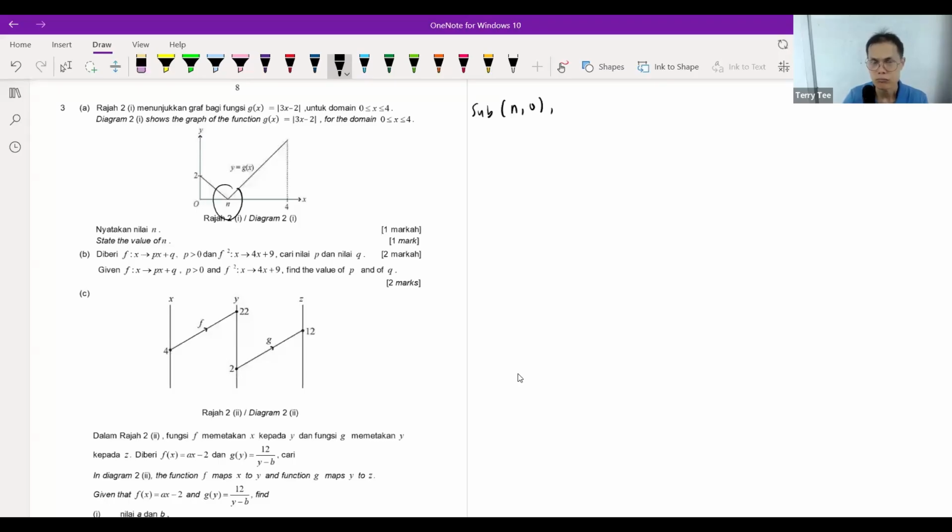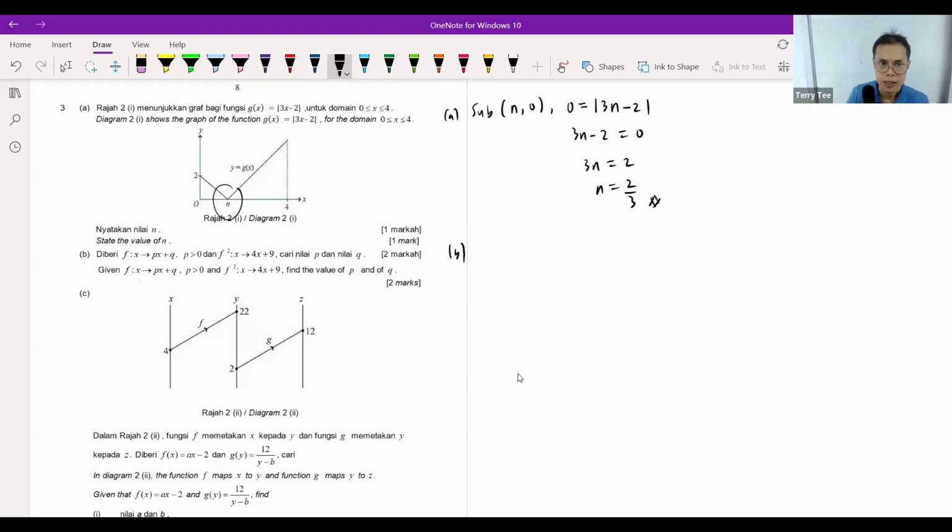You can write g(x) as 0, and x as n, so 0 equals 3 modulus of 3n minus 2. By right, whenever you open up modulus, we should put a plus minus, but plus minus 0 is still 0. So my 3n is 2, n is 2 over 3. So that is the first answer. It's only 1 mark.